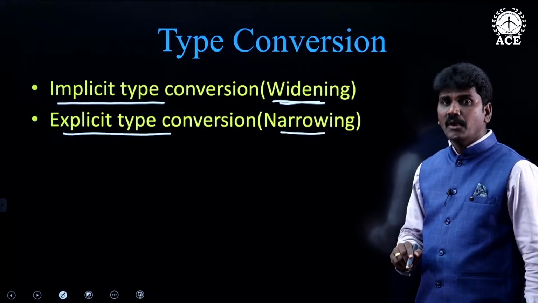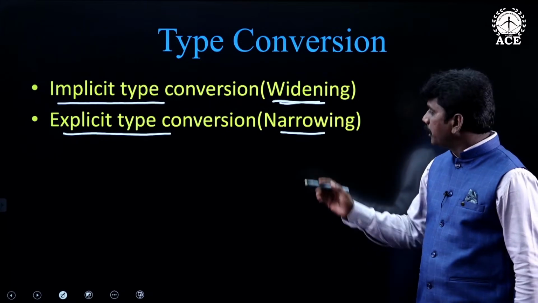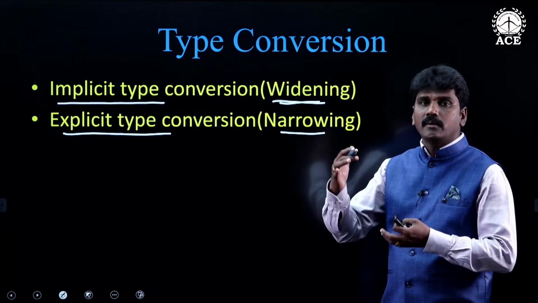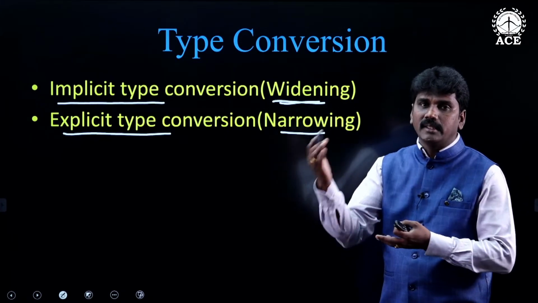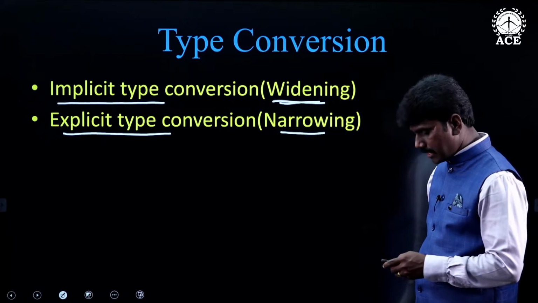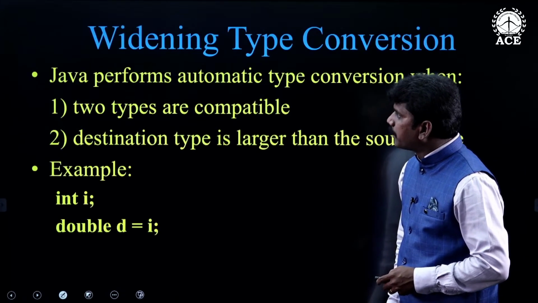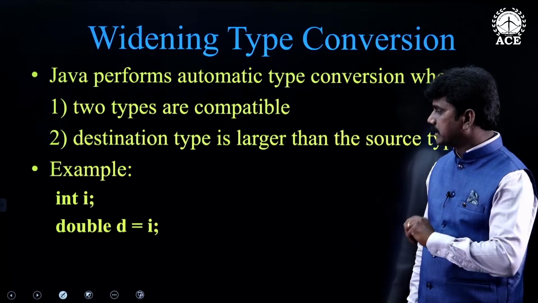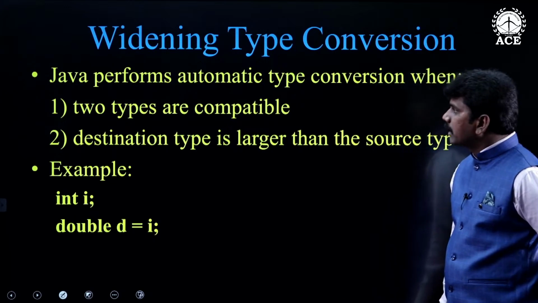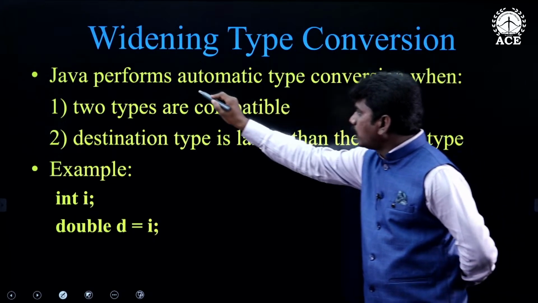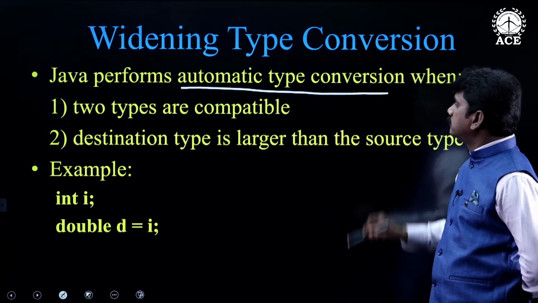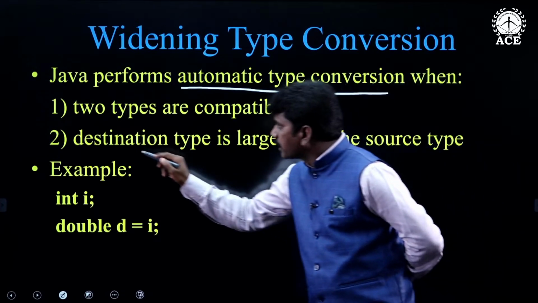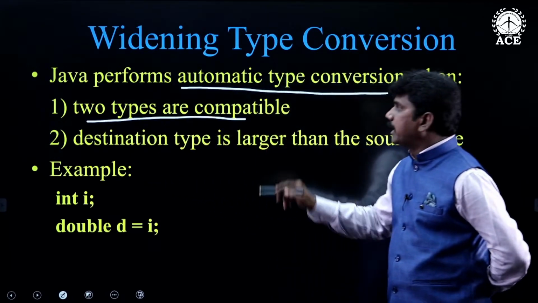In this narrowing, what we are going to do is, we are going to store one large data type value in the small one. Let us see type conversion. Widening type conversion, how will it be? Let us see. Java performs automatic type conversion when two types are compatible.